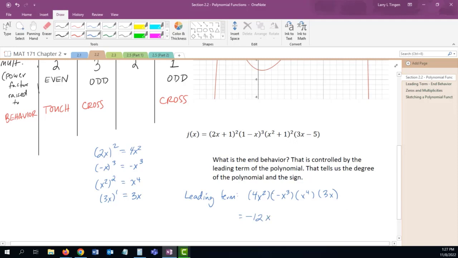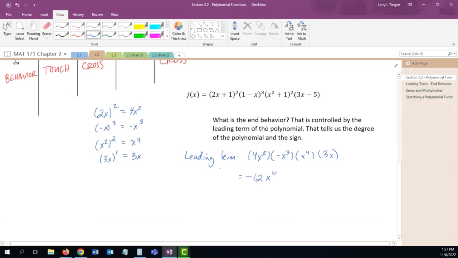For the degree of the polynomial, I'm multiplying with the same base, so I add the powers. So 2 plus 3 is 5, plus 4 is 9, plus 1 is 10. All right, so I have a leading term of negative 12 x to the 10th.